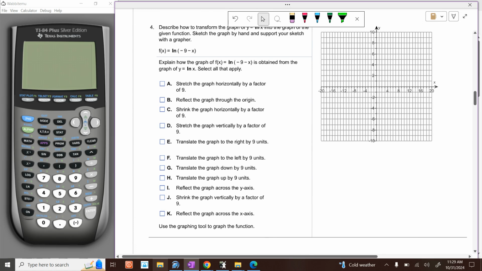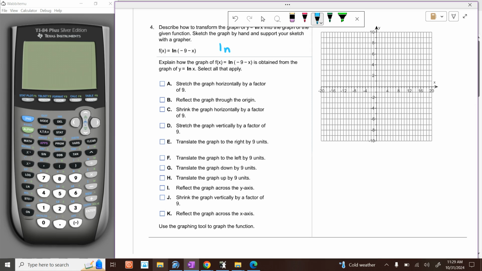Okay? So on this one, the ln, and it'd be so great if we could factor out a -1 here.